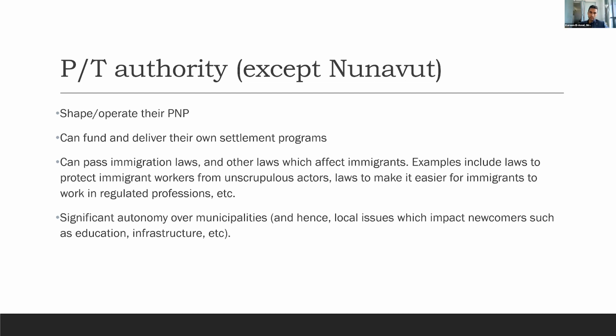So areas such as health, education, infrastructure, labor laws, you name it. And Ontario is actually one of the very few provinces in Canada with its own dedicated Immigration Act, which the province passed and enacted prior to the pandemic.